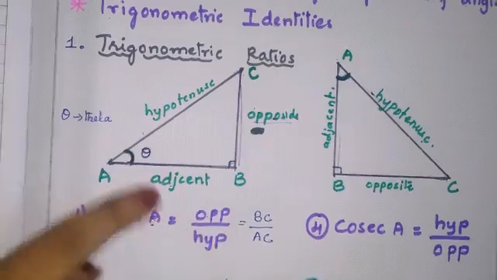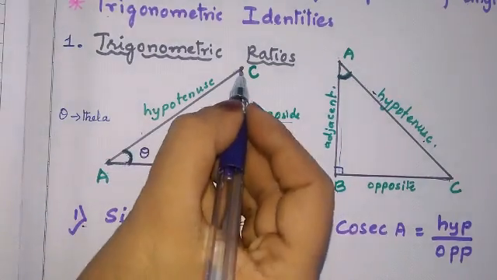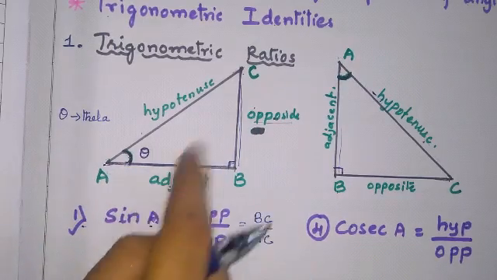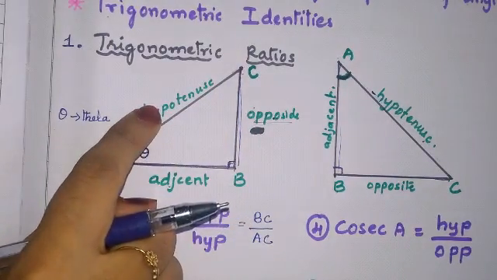Hope you have understood: the side opposite the angle is opposite, the side lying next to the angle is adjacent, and the longest side is hypotenuse.